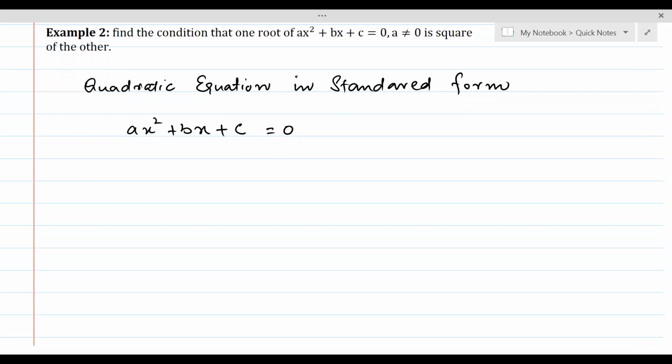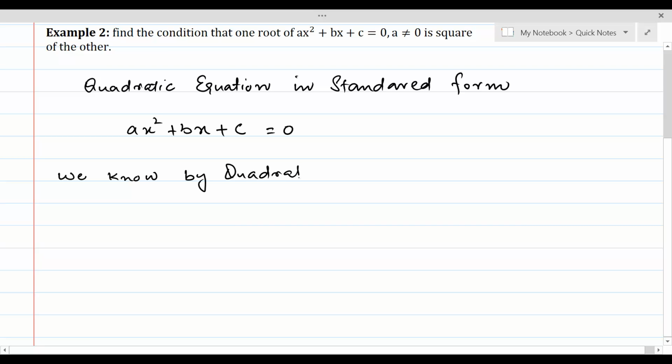We know by the quadratic formula that x is equal to minus b plus minus square root of b square minus 4ac, divided by 2a.